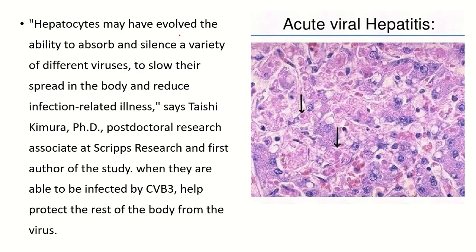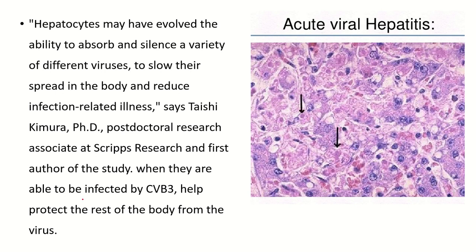The hepatocyte may have the ability to absorb and silence a variety of viruses to slow their spread in the body and reduce infection-related illness, says Taisi Kimura, PhD, postdoctoral research associate at Scripps Research and first author of the study.